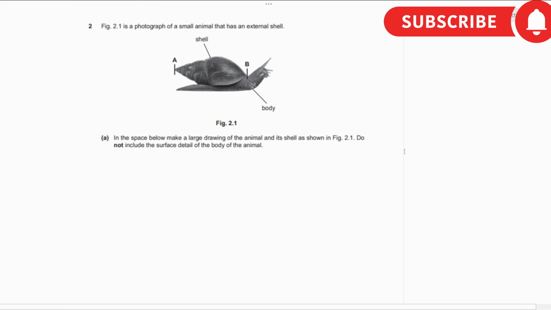Okay, next one, you have to draw the diagram. There is no need for shading. With the scale, you can take the size of each and everything. Your size should be a bit bigger than that. Keep in mind you have to draw the eyes, the tentacles, two eyes, two tentacles.